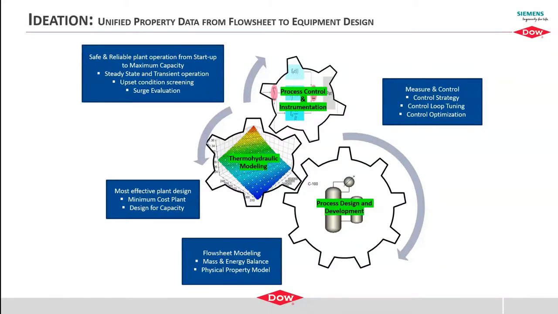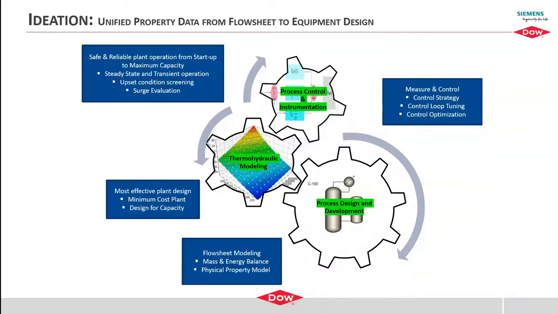Dow has a lot of expertise within the physical property modeling space. We know how to apply those models within our process modeling efforts, and this is one of our critical assets for successfully designing chemical plants. Essentially, this process is typically very integrated. We use consistent property sets all through, and typically do this within an Aspen environment.